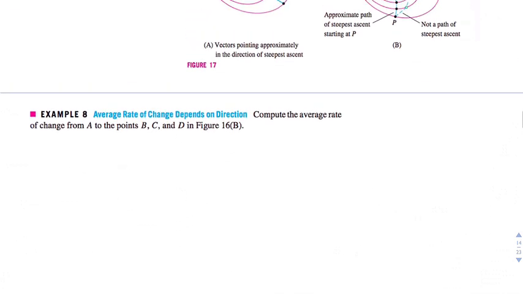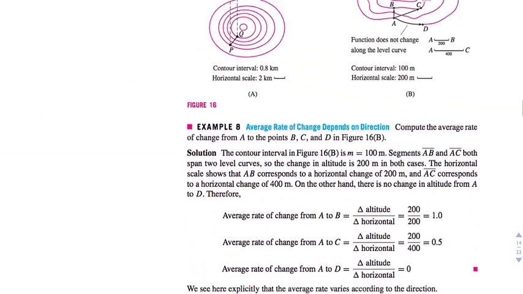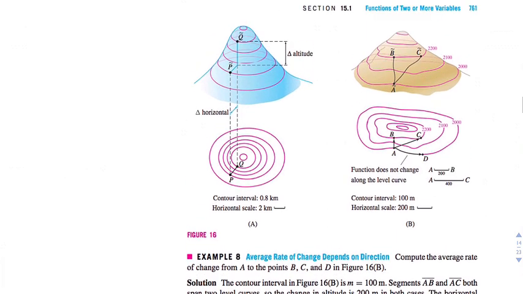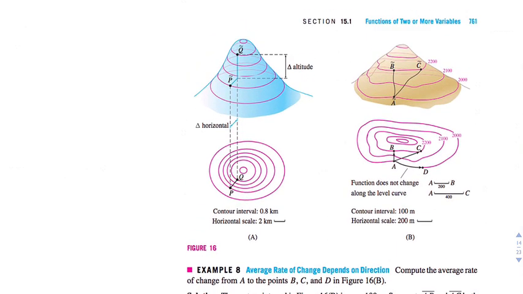It says compute the average rate of change from A to the points B, C, and D in figure 16b. So we need figure 16b. There's 17, there's 16, it says 16b is here. So let's take a picture of this.